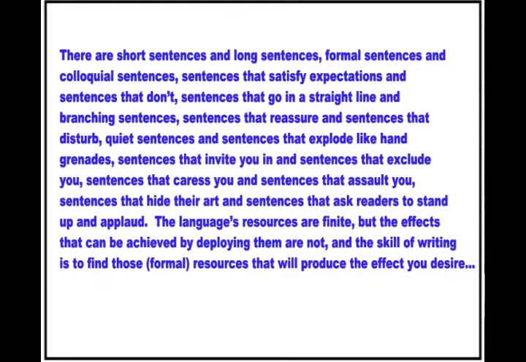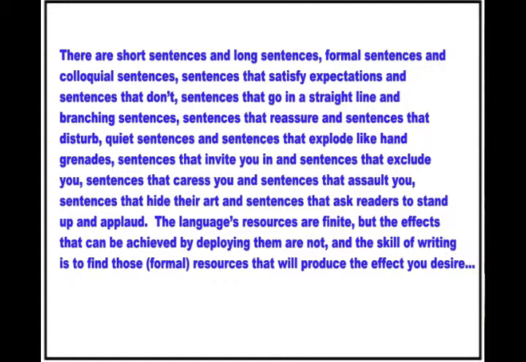There are the short sentences and the long sentences, formal sentences and colloquial sentences, sentences that satisfy expectations and sentences that don't, sentences that go in a straight line and branching sentences, sentences that reassure, and sentences that disturb, quiet sentences, and sentences that explode like a hand grenade, sentences that invite you in, and sentences that exclude you, sentences that caress you, and sentences that assault you, sentences that hide their art, and sentences that ask readers to stand up and applaud.